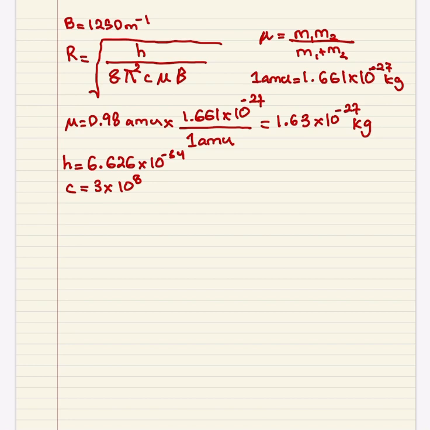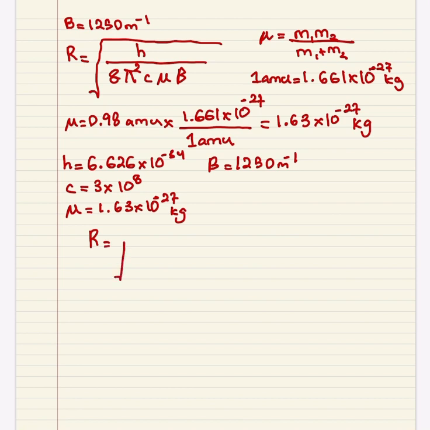And the mu, which is basically the mass, is 1.63 times 10 to the negative 27 kilogram. And then we have the rotational constant, which is 1250 meter inverse. Now we're going to plug everything into the formula for R.